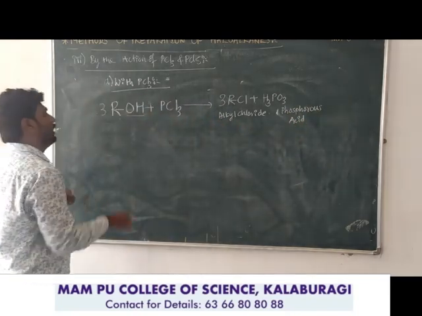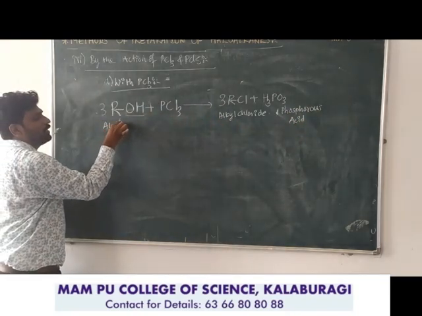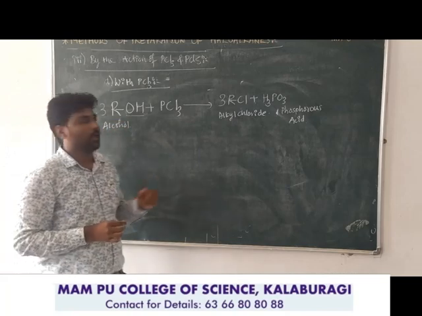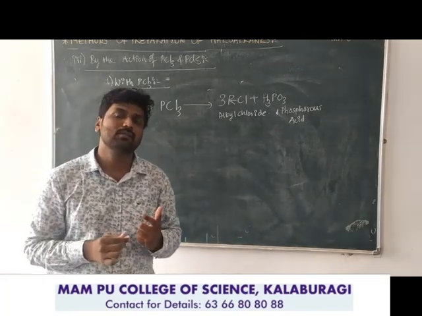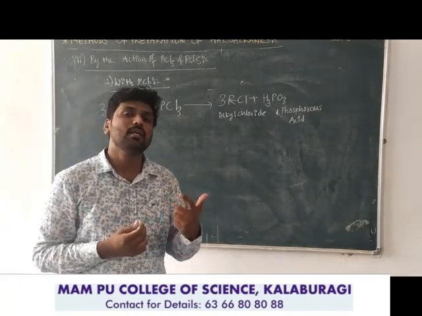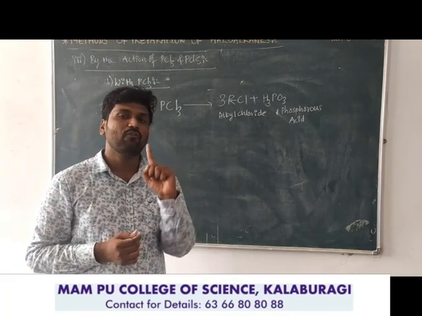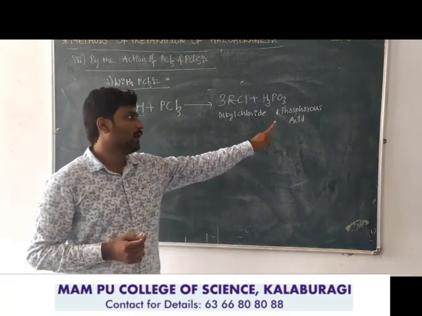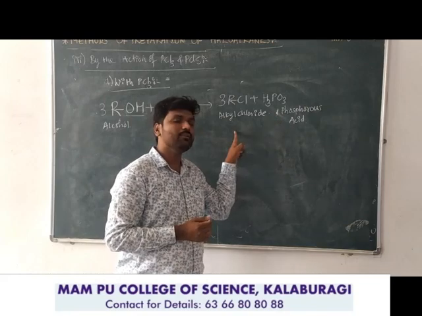So alcohol, when heated with phosphorus trichloride, the 3 OH groups of the alcohols are substituted by the 3 chlorine atoms of 1 phosphorus trichloride, and the byproduct is phosphorus acid, main product is alkyl chloride.